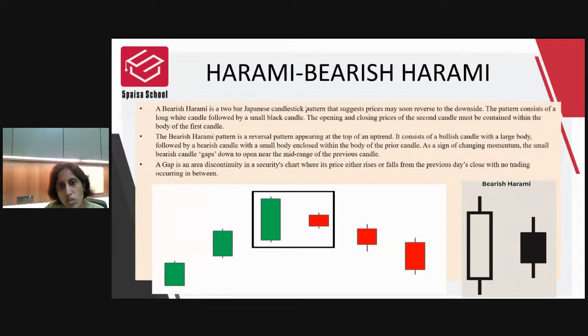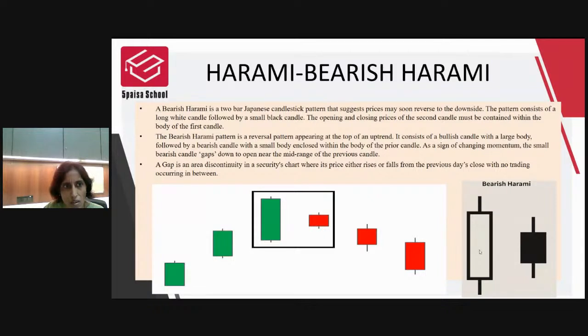So it's just the opposite of the bullish. A bearish harami is a two-bar Japanese candlestick pattern, as you can see over here, that suggests price may soon reverse to the downside. The pattern consists of a long white candle or a green candle followed by a small black candle or a red candle.